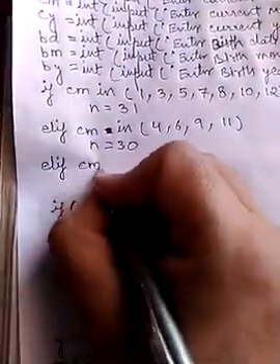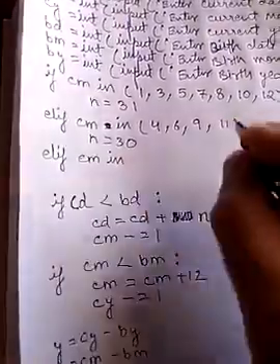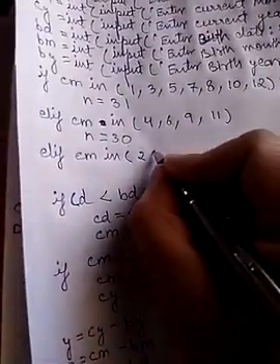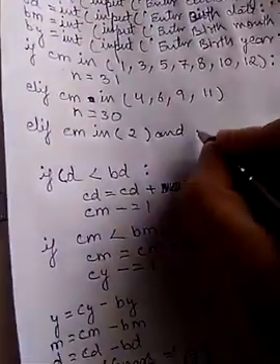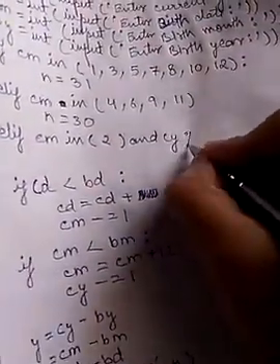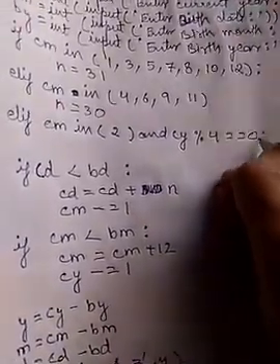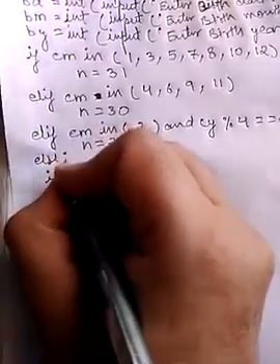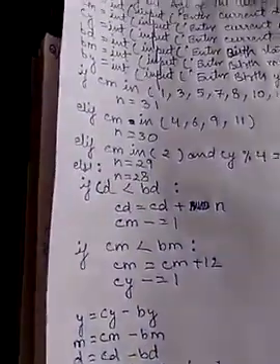And if the current month is 2 and the current year mod 4 is equal to 0, then the number of days will be 29, else the number of days will be 28.